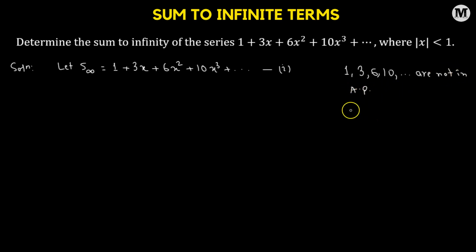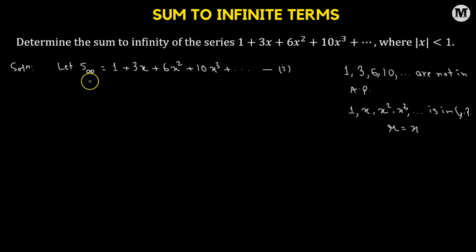However, if we consider the variable terms, that means 1 as the first term, followed by x from the second term, x squared from the third term, x cubed from the fourth term, we see that this sequence is in geometric progression with the common ratio equal to x. Now, 1, 3, 6 and 10 are not in AP, but 1, x, x squared, x cubed are in GP, so in this particular case we cannot say that this is an Arithmetico-Geometric series.